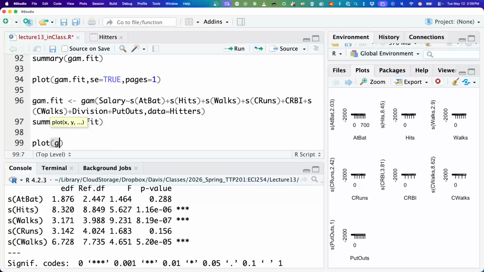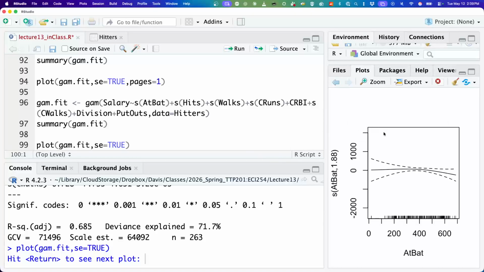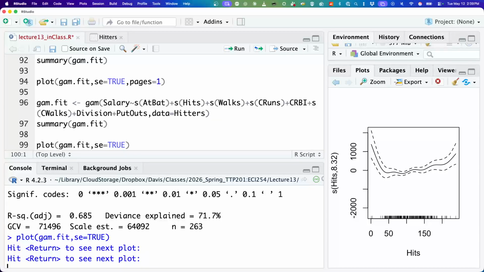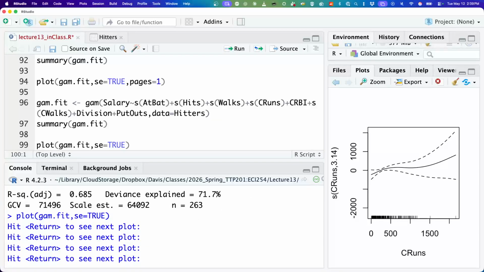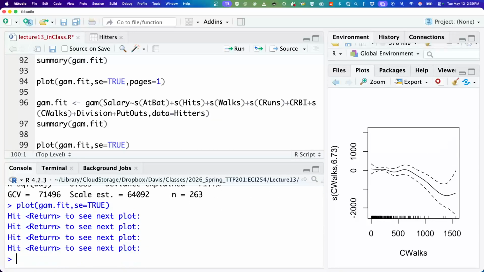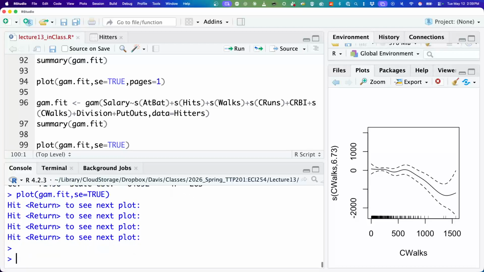And we can always see what the corresponding fit looks like with those. These would be the fits of each individual variable against my y salary, and they'll look pretty similar to what they were before. Okay?